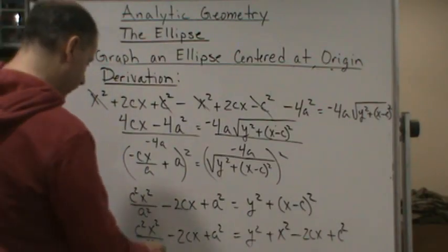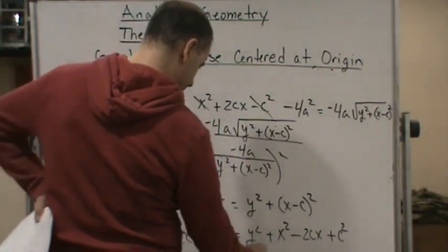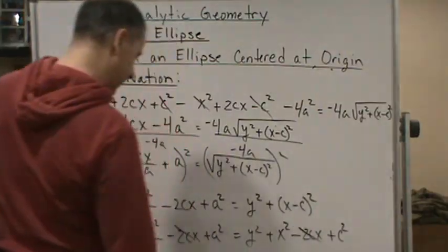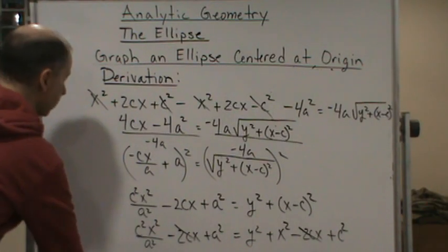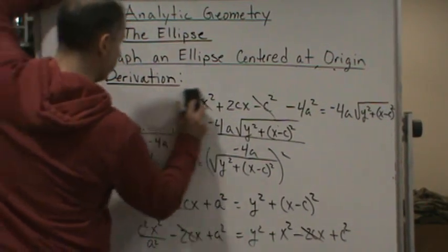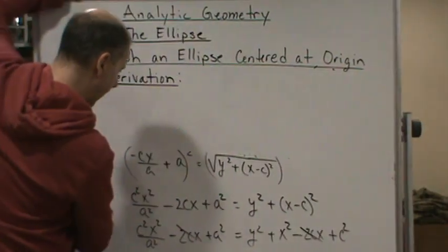Okay, so now the minus 2cx is going to cancel out. Now let's go back to the top and see where we're at here.